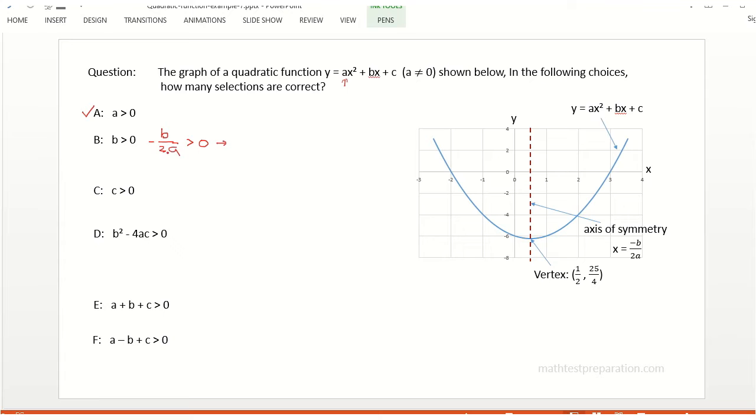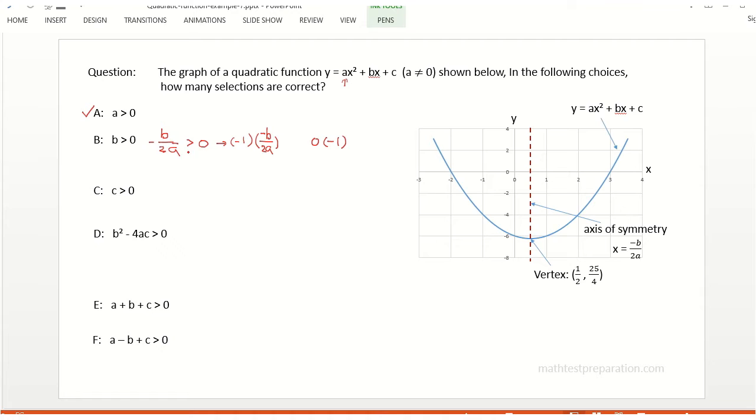Now, multiply both sides of the inequality by -1. -1 multiplied by negative b divided by 2a, and on the right side 0 multiplied by -1.